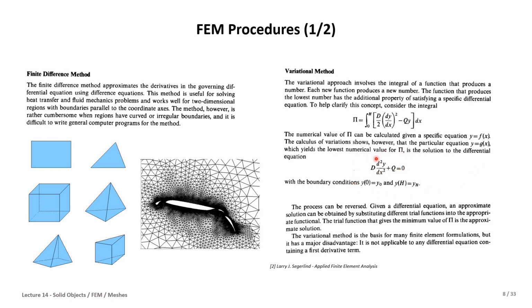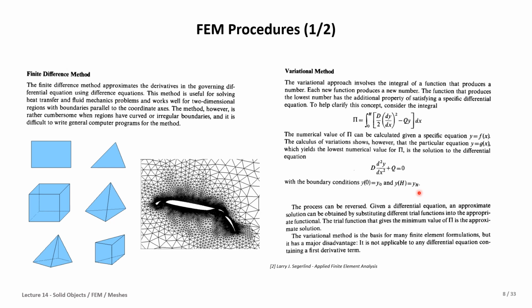So we can find the solution, and the boundary condition is specified at y0 and y at the highest level. Then this is one of the methods that is available.